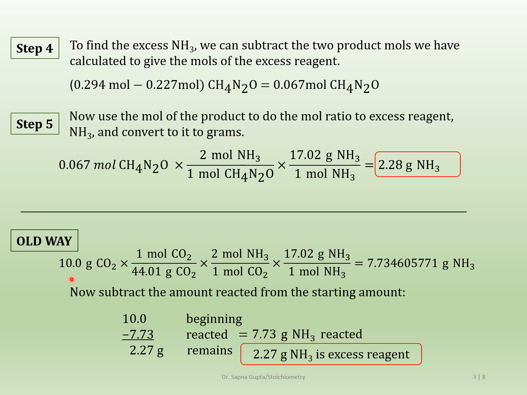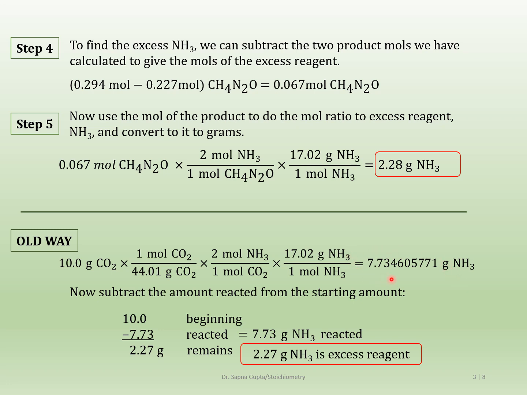So 10 grams of carbon dioxide converted to moles of carbon dioxide, and you need 2 moles of ammonia for every 1 mole of carbon dioxide. And then once you do the mole ratio, of course you figure out how many grams of ammonia that is going to be, okay? So it turns out you need 7.734 grams of ammonia.